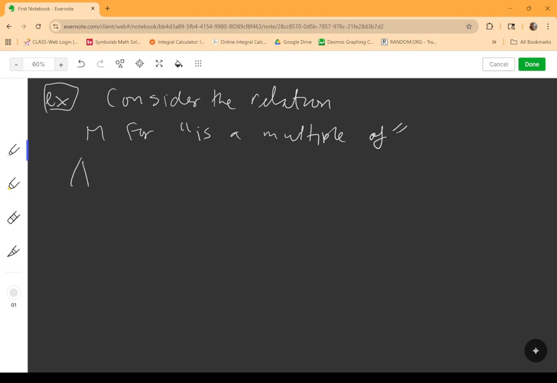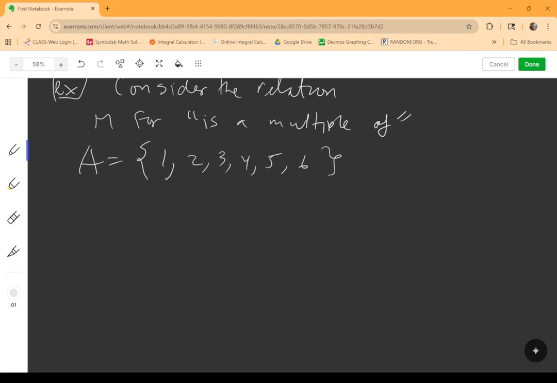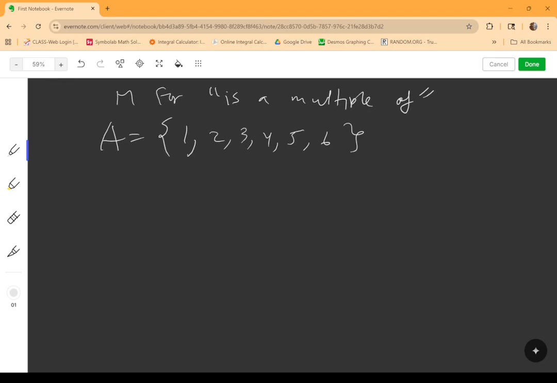All right, so it's across one set made up of the numbers 1 through 6. So I'm going to start by writing the ordered pairs. So M would be defined as, starting here, 1 is a multiple of 1. And that's the only one.